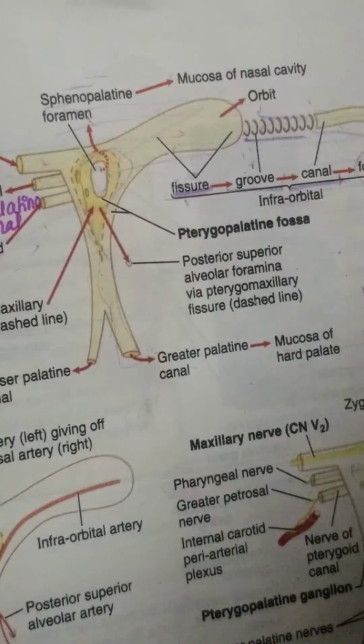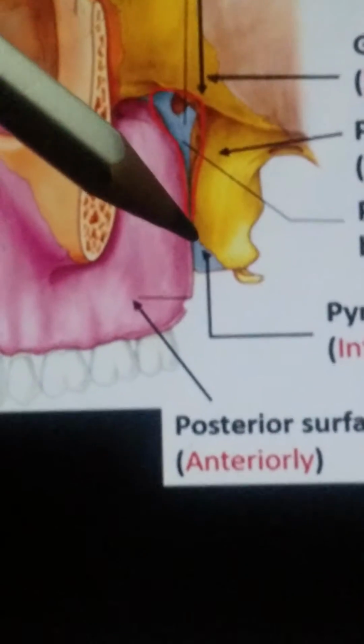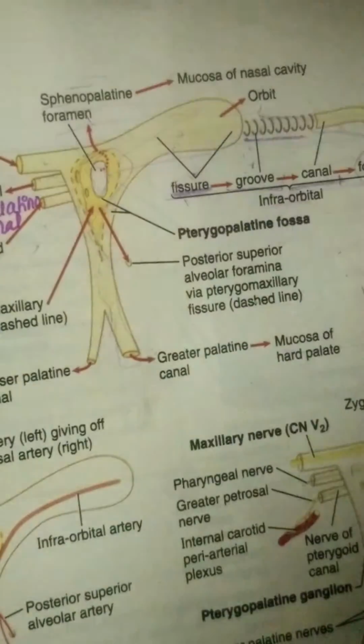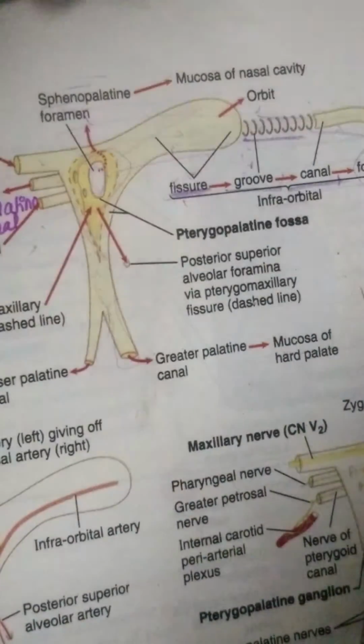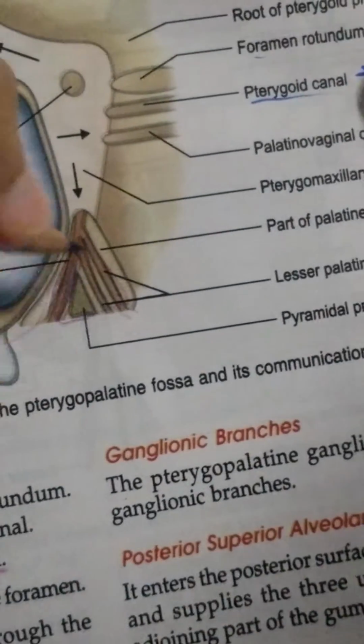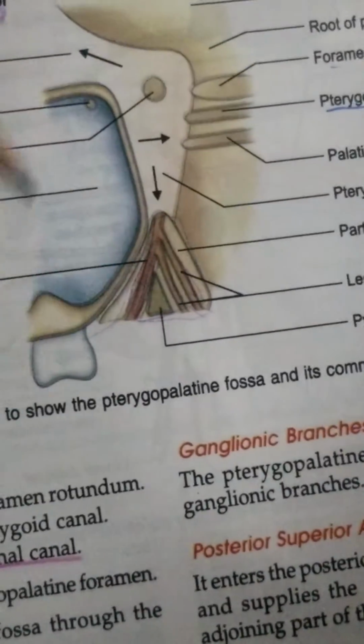Now inferior communications. As I said, inferiorly we have the pyramidal process of palatine. In this pyramidal process of palatine, there are two canals lying here, as you can see. This is the pyramidal process of palatine, and there are two canals.